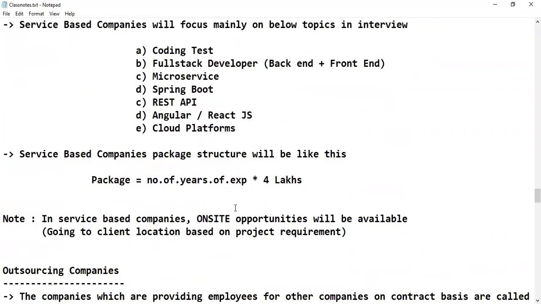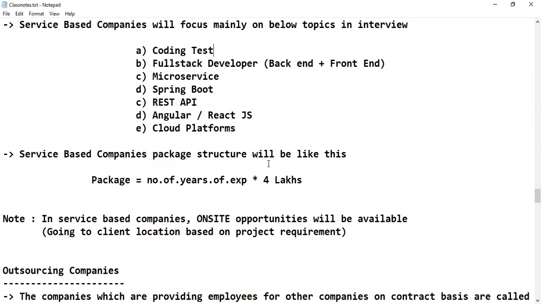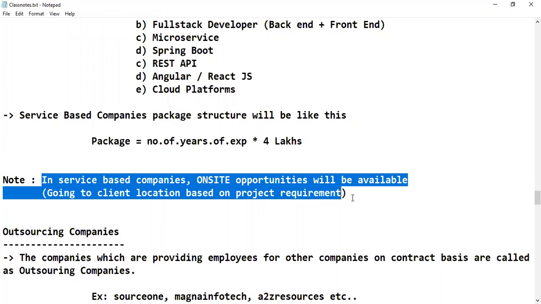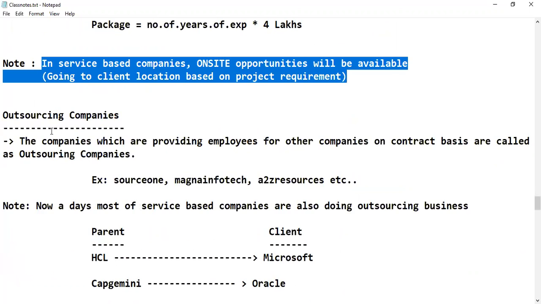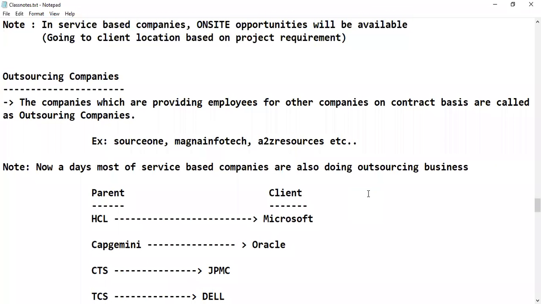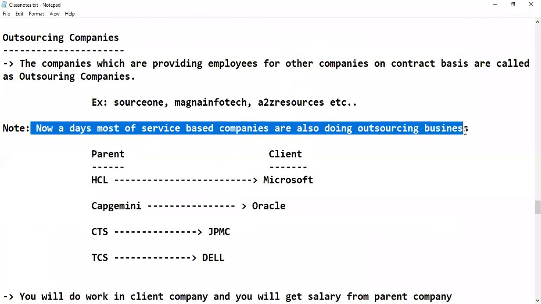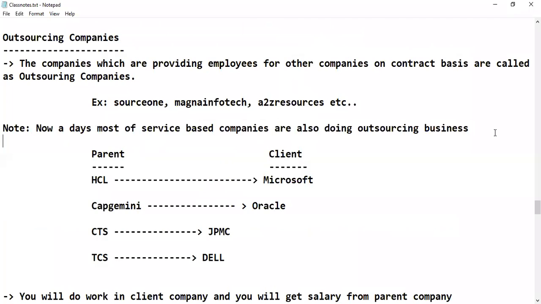Service-based companies develop projects as per client requirements, and on-site opportunities will be available. Outsourcing companies give employees to other companies. Almost all service-based companies are also doing this outsourcing business, and they will get more profit.